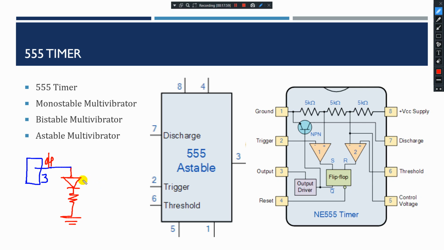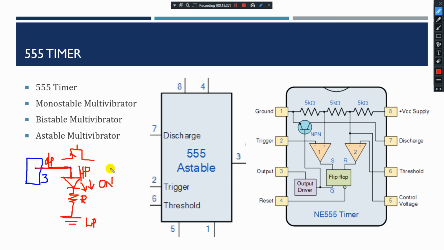I'm connecting one LED with a current limiting resistor. When I give a pulse and my output becomes high, the LED will be on. This is called sourcing. It is providing a pulse as a source at higher potential, and the other end is at lower potential. So this is working as a source.